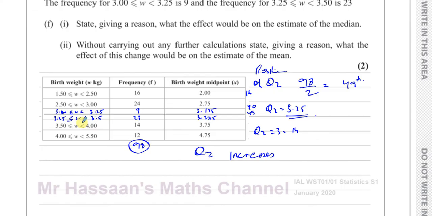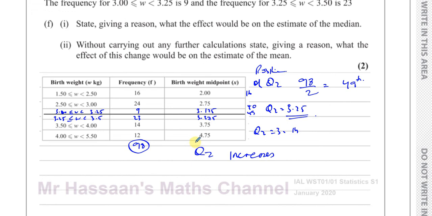Now it's been pushed along further into the next group. So you can say that Q2 has increased from 3.14. Then it says, without carrying out any further calculations, state giving a reason what the effect of this change would be on the estimate of the mean.